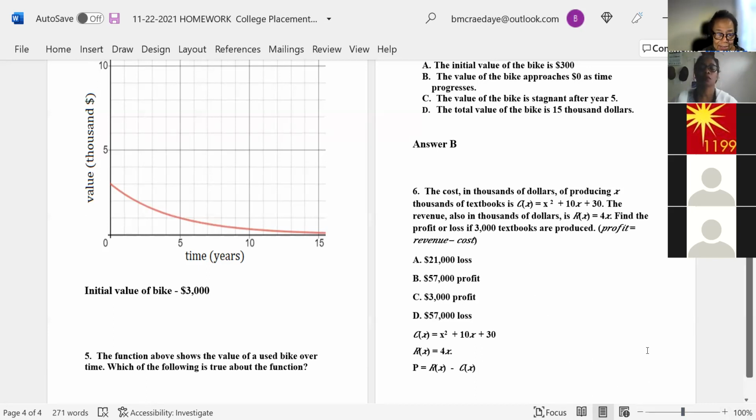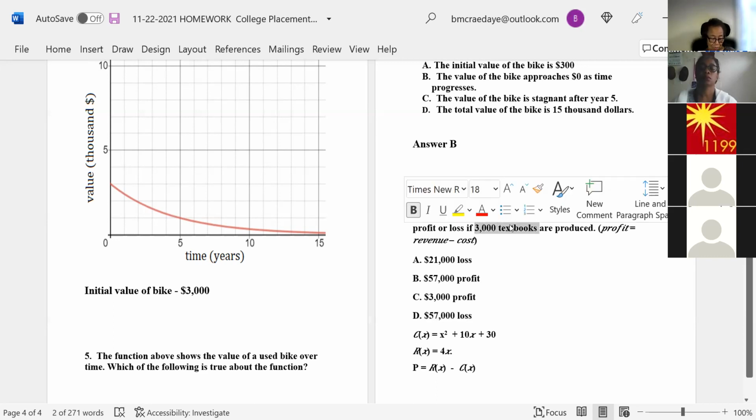With the 3,000, because it says if 3,000 textbooks are produced, and X is producing X thousands of textbooks. That's what your X is, your input. And they tell you that the 3,000 textbooks are produced right here. So your X is going to be your 3,000.